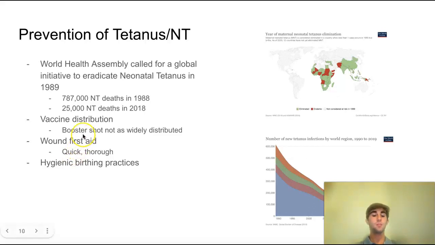But that number one best way to do it is the vaccine distribution. And that's why there's such a high push around the globe to get people vaccinated for tetanus. Particularly these booster shots, they're not as widely distributed, especially in the areas where the primary dose isn't even very well distributed. So that's another point of emphasis.